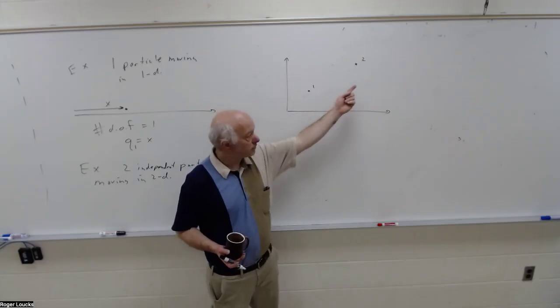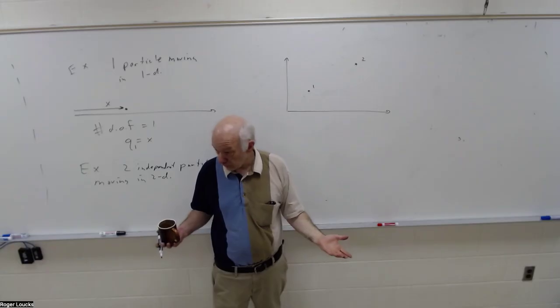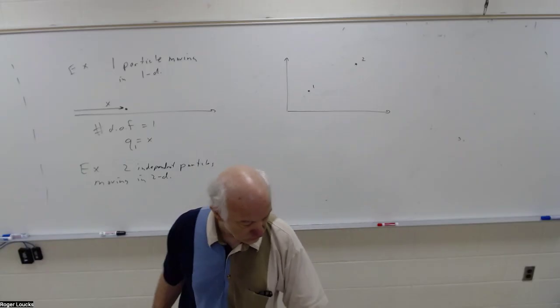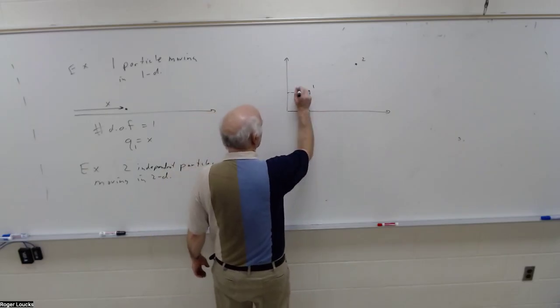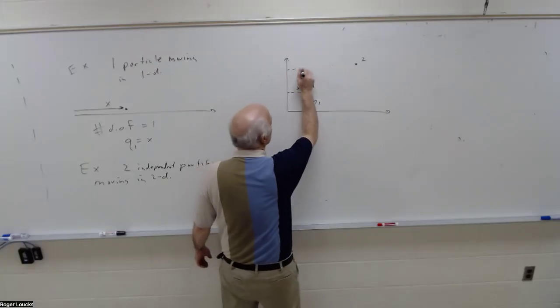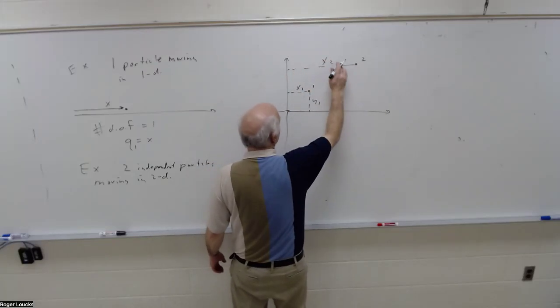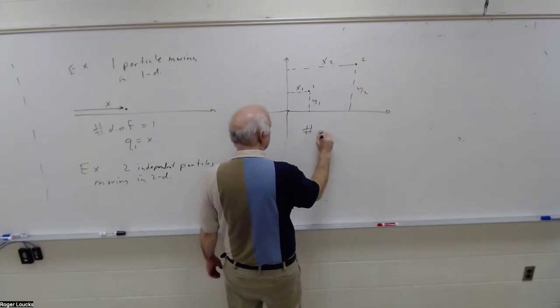So this would have 2, this would have 2, so the number of degrees of freedom for this whole thing would be 4, and you'd have 4 q's. This would be x1, this is y1, this would be x2, and this would be y2.